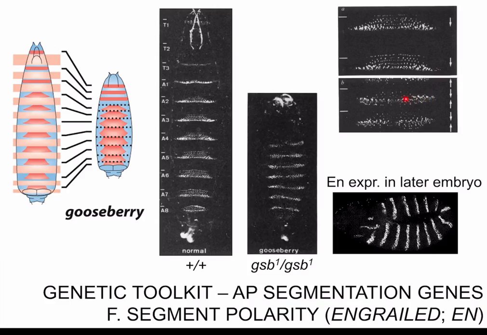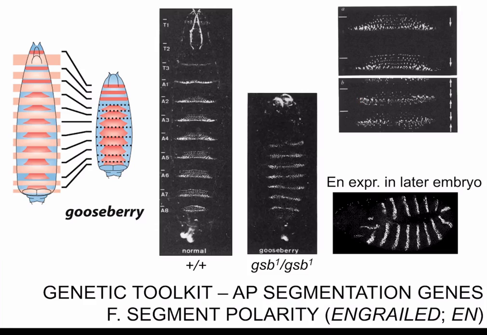In the mutant, you don't have any naked cuticle, so now you have denticles where you previously didn't have them, and the new denticles that have appeared are a mirror image of the pattern of the denticles in that segment.